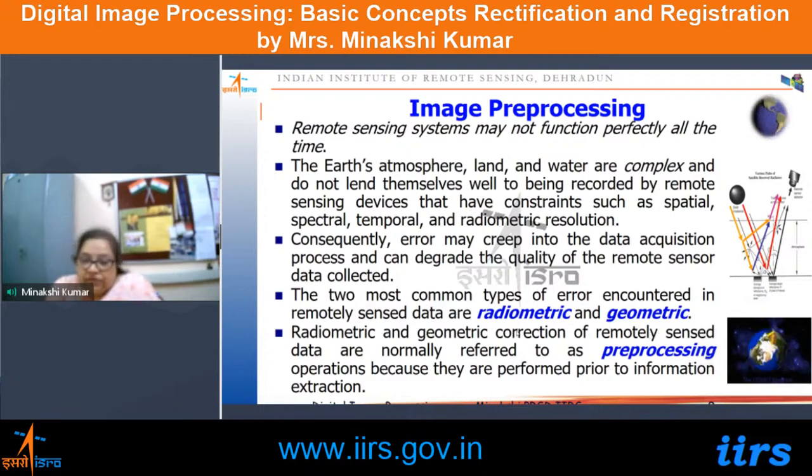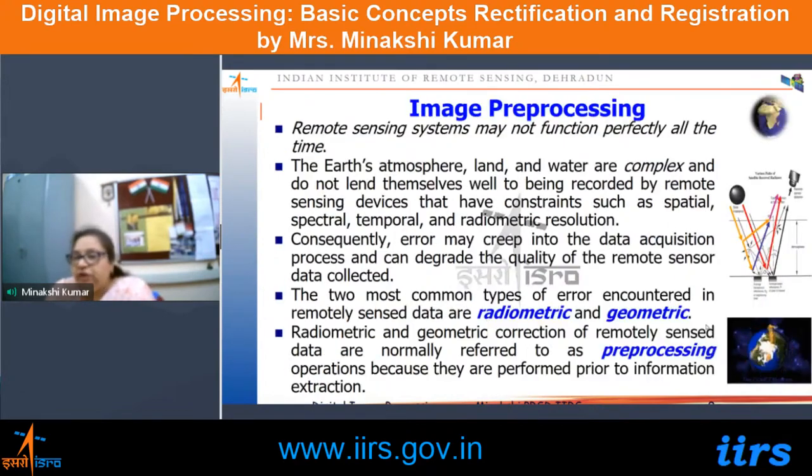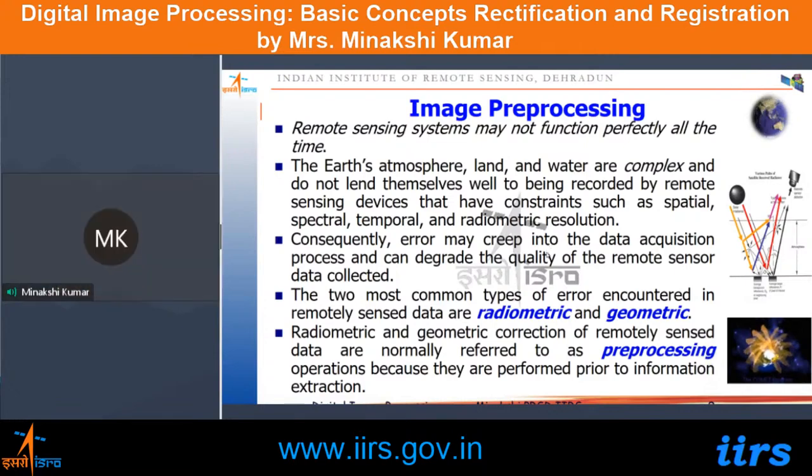The correction for the radiometric and geometric errors is termed pre-processing because, as the name suggests, it should be done prior to your information extraction step. Okay, so there are two types of errors, radiometric errors and geometric errors. Let's see them one by one and their correction mechanisms. Now, the radiometric error.